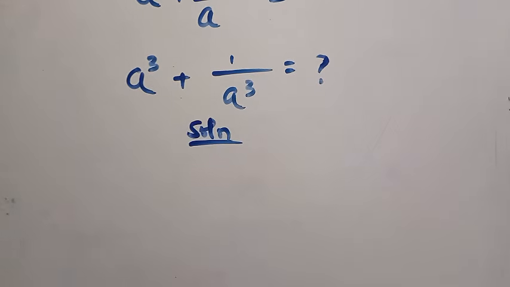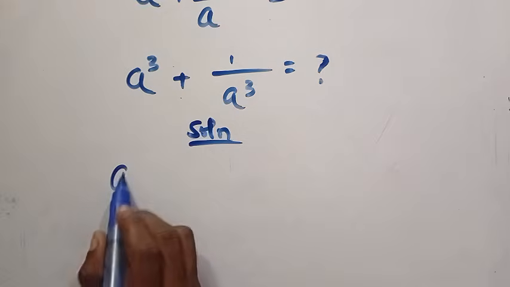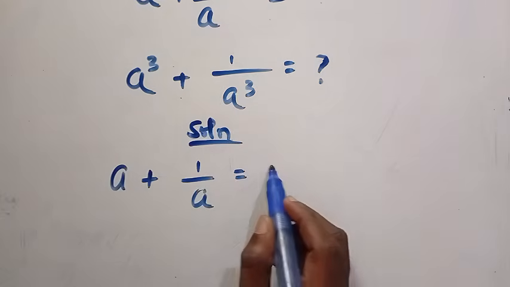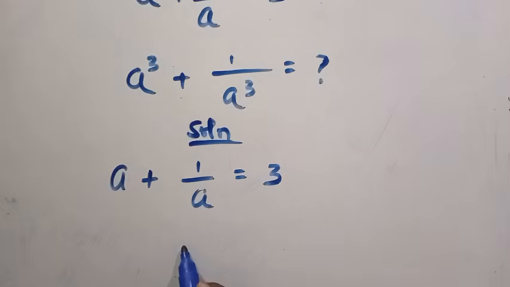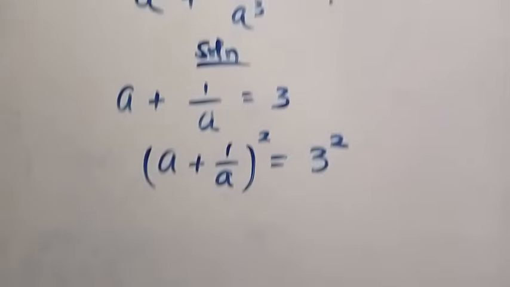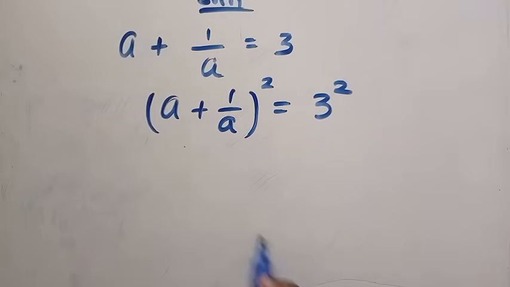For the first one, a plus 1 divided by a equals 3. First, we are going to take the square of both sides. By taking the square of both sides, here we have a plus 1 over a raised to the power of 2 equals 3 squared, and 3 squared gives us 9.